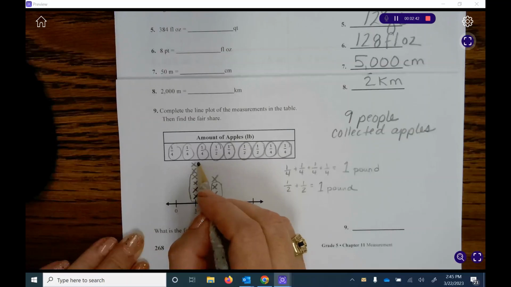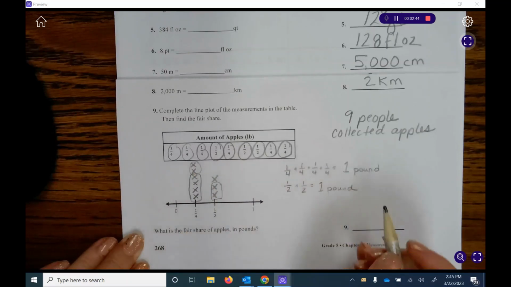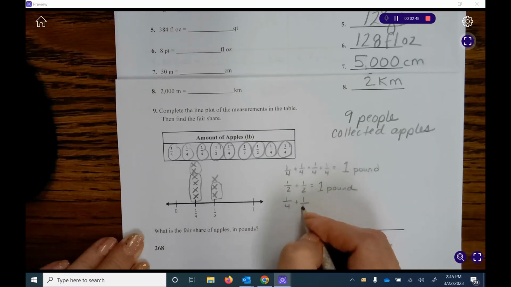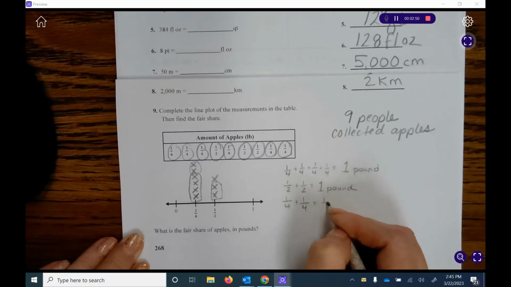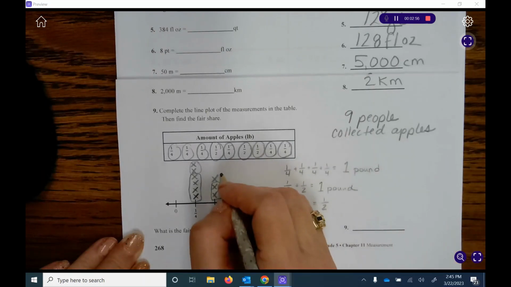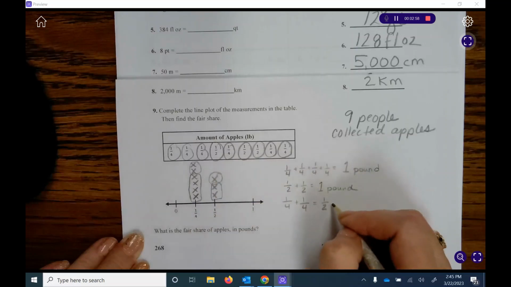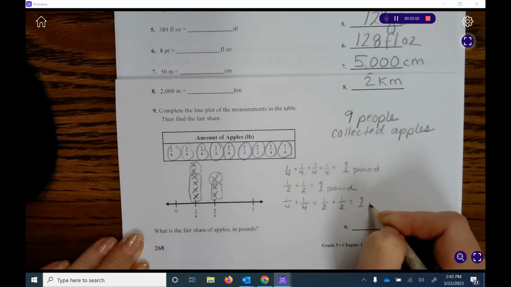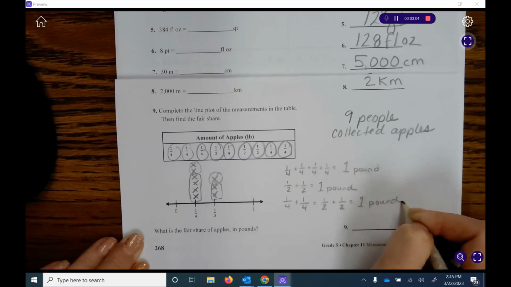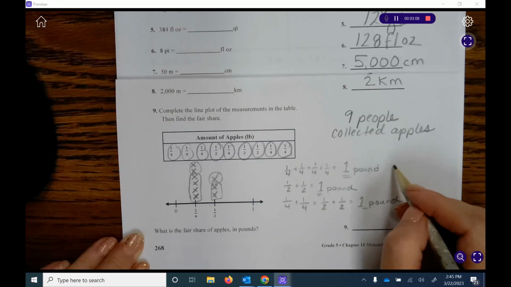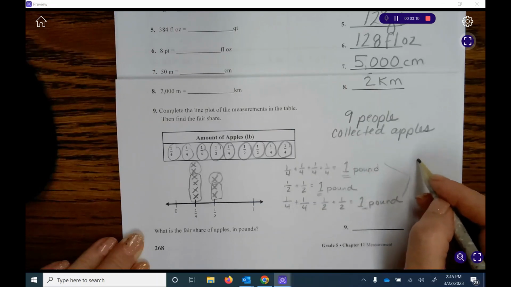Here I have 1/4 plus 1/4, and that equals 2/4, which equals 1/2. And then here I have 1/2, and that equals 1 pound. So I have 1 pound, 1 pound, 1 pound. So that's a total of 3 pounds.